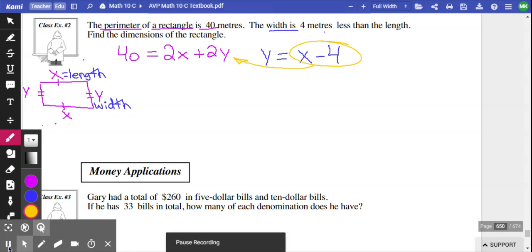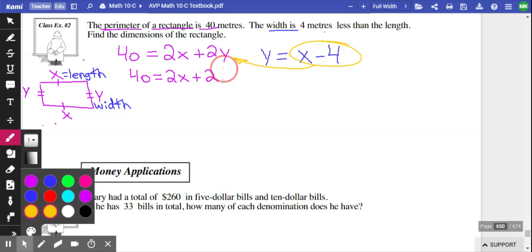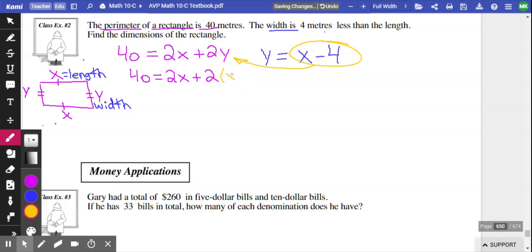When you do your substitution, I'm going to do it in a different color so it stands out. The way you can make your substitution stand out is by putting your brackets around it. Brackets are really important to us. So we have 40 equals 2x plus 2, and then instead of y, we're going bracket x minus 4.